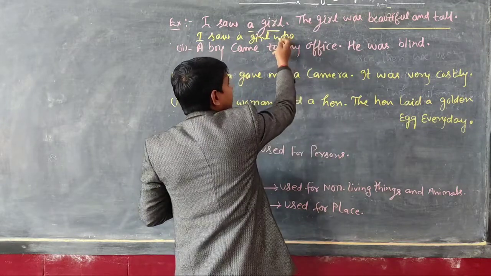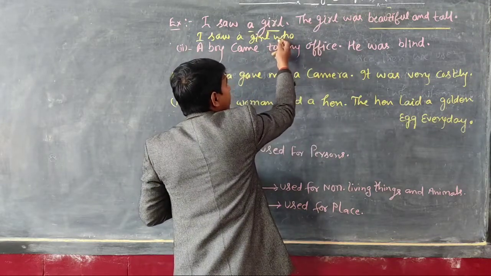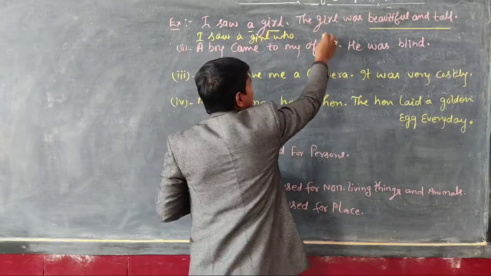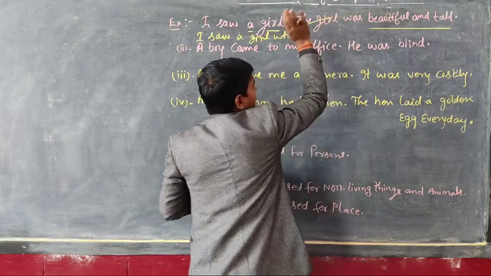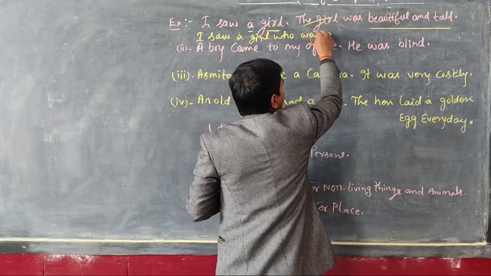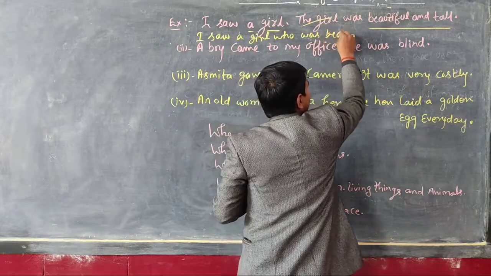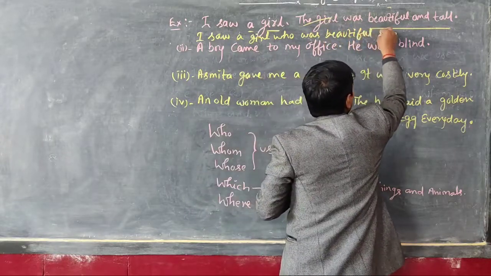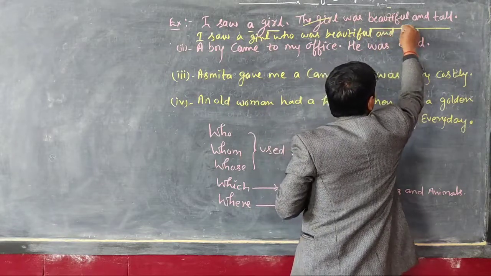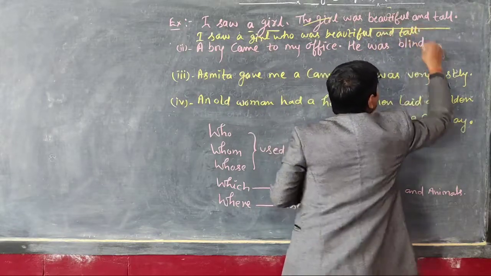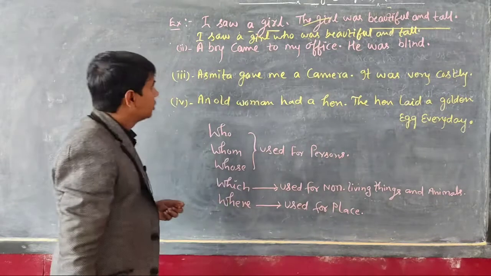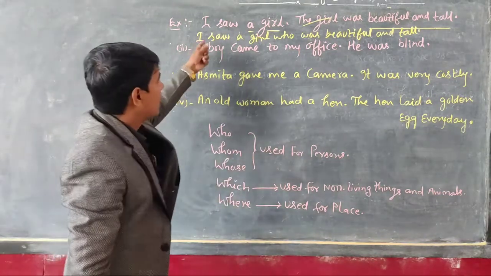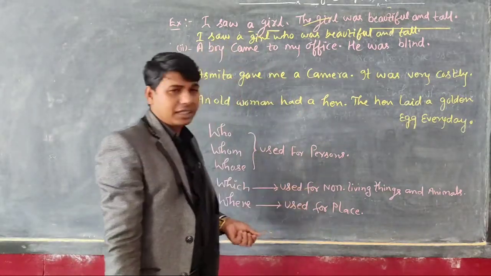Here the word who refers to that girl, so we do not repeat the subject; we write who was beautiful and tall. I saw a girl who was beautiful and tall.